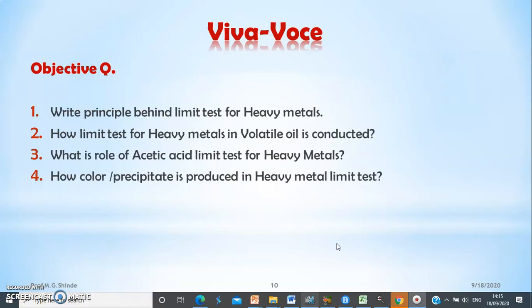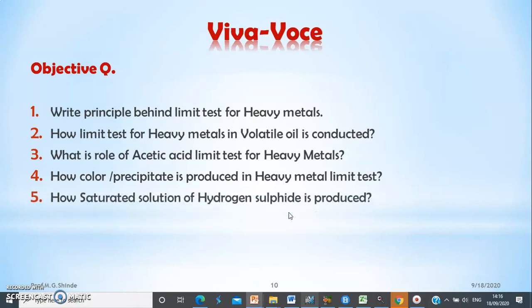Whenever the saturated solution of hydrogen sulfide is allowed to react with the heavy metal, it produces a black or brown color or precipitate, and we compare the intensity of that color or amount of precipitate of the sample to that of the standard, because the reaction between the heavy metal and hydrogen sulfide forms metal sulfides, which generally have color or form a precipitate.